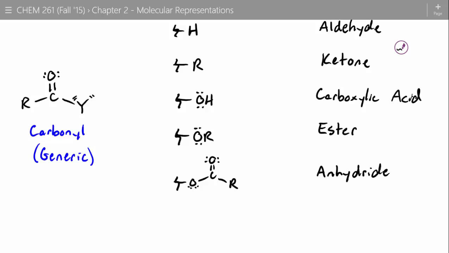And then after that, we've got our halogen. So I'll label this as our generic X. What do we call this? Yeah, we either call it an acyl or an acid halide. Both terminologies are used in your textbook. You'll see them used interchangeably.